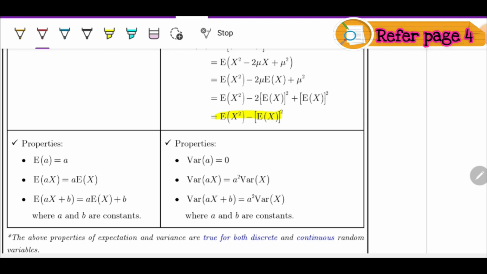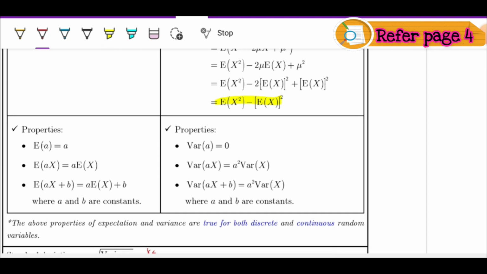There are 6 properties for expectation and variance. The first one is expectation of A equals A, where A is a constant. It means the expectation of a constant is the constant itself. For example, expectation of 10 equals 10.